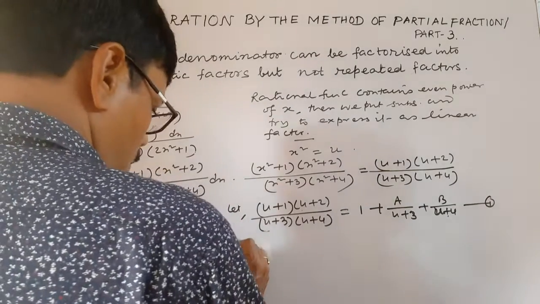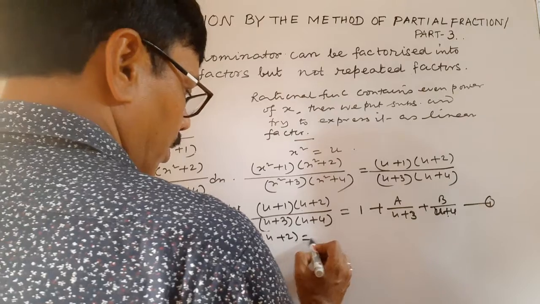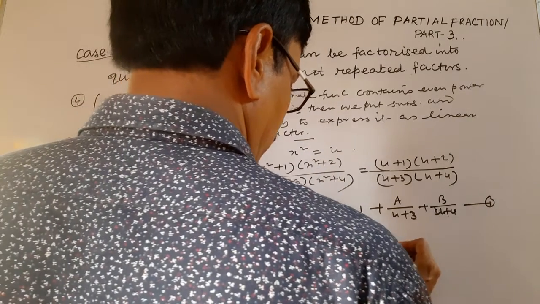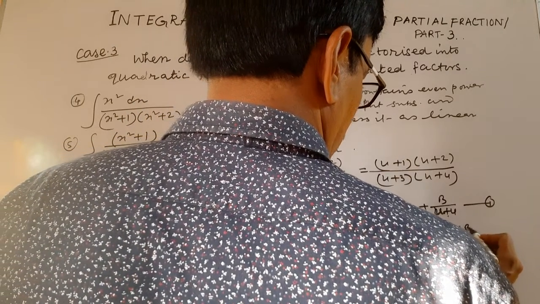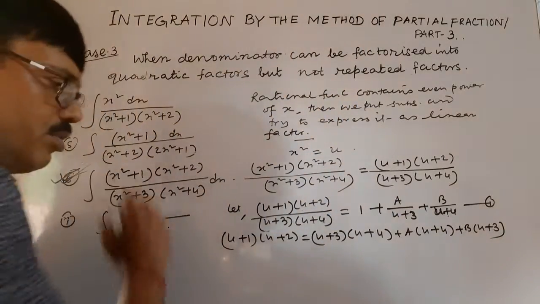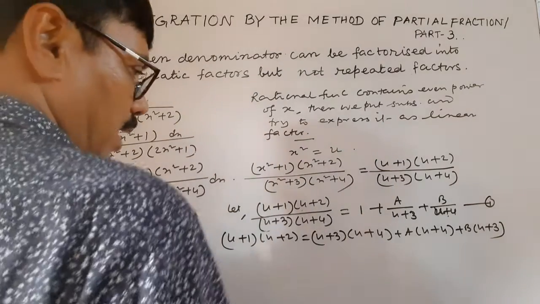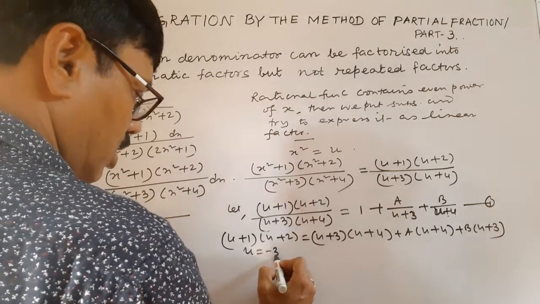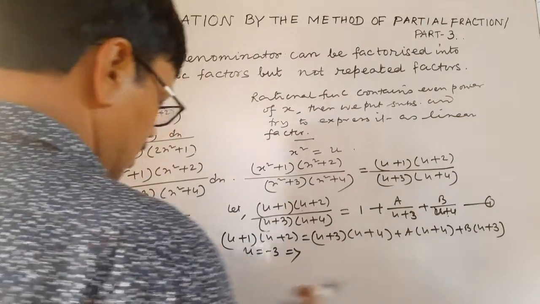Now (u plus 1)(u plus 2) equals (u plus 3)(u plus 4) plus a into (u plus 4) plus b into (u plus 3). This is a special type. Now you have to find a and b. u equals minus 3, because u plus 3 is a factor.